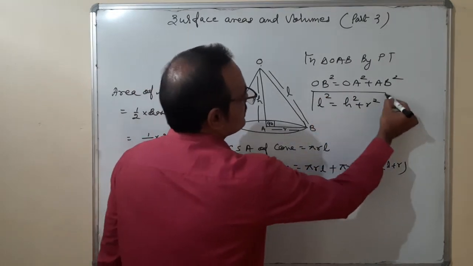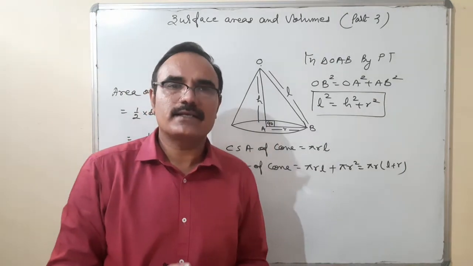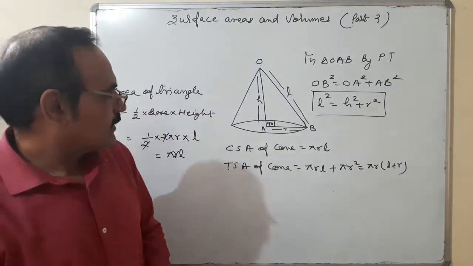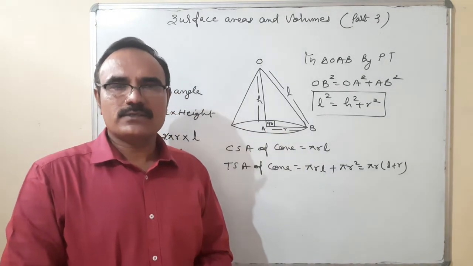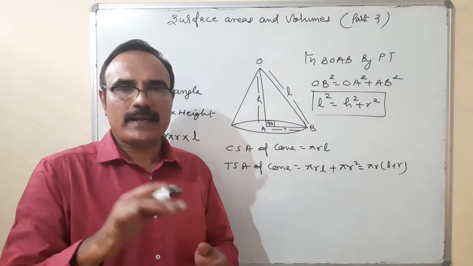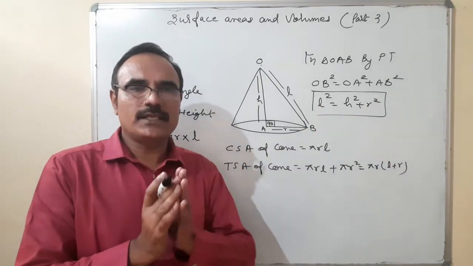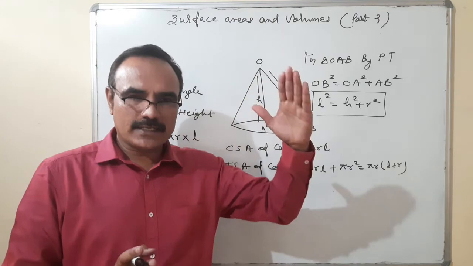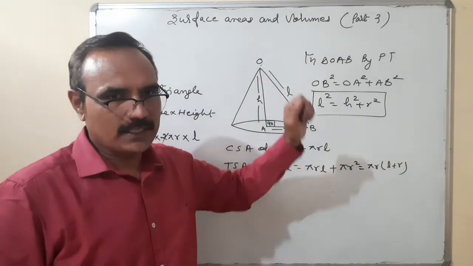So you will remember this relation also, the relation among slant height, height and radius. Three things we have to remember: curved surface area of cone pi r l, total surface area of cone pi r in bracket l plus r, and third is the relation among plane height, slant height and radius: l square is equal to h square plus r square.